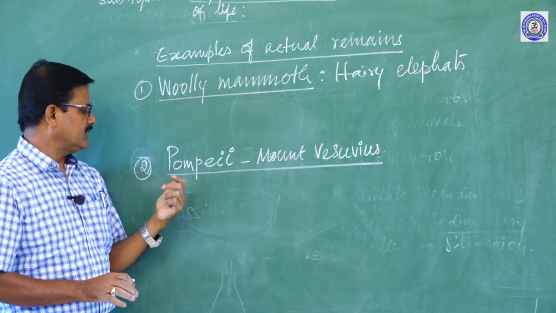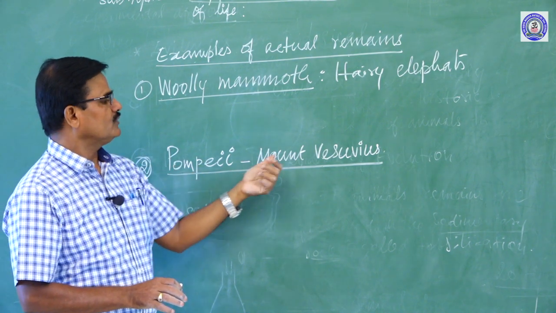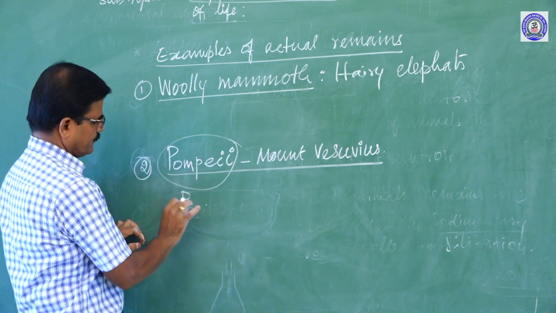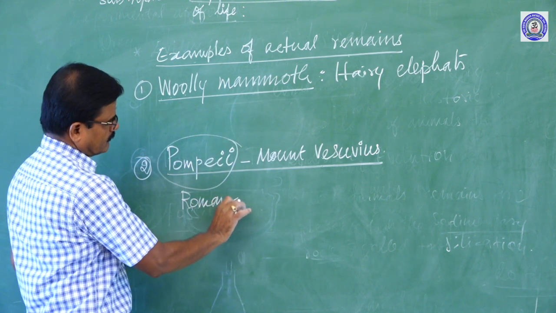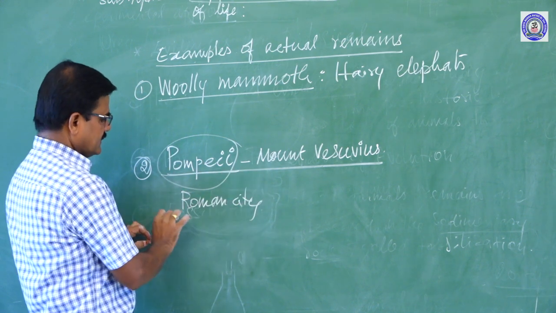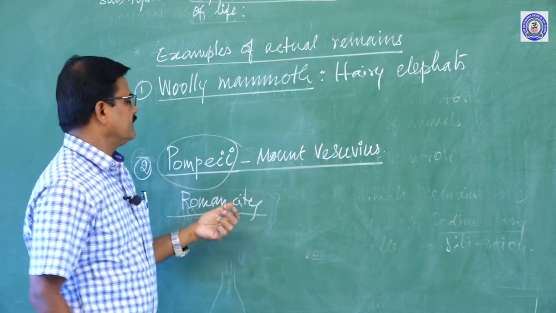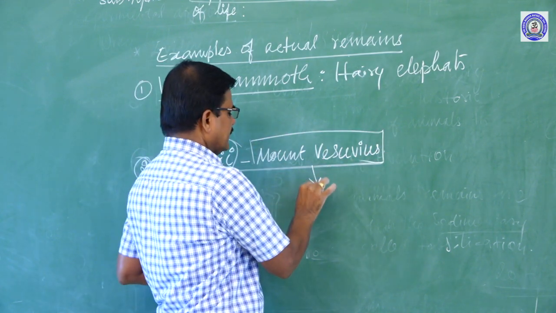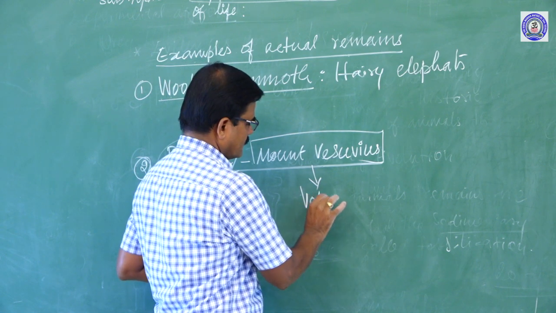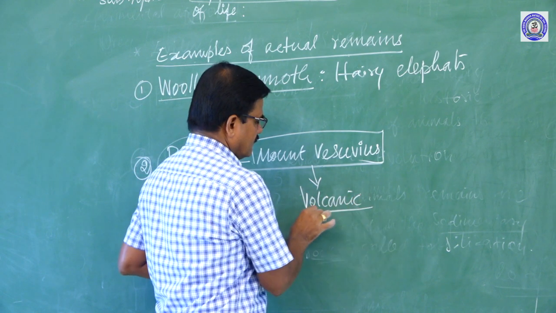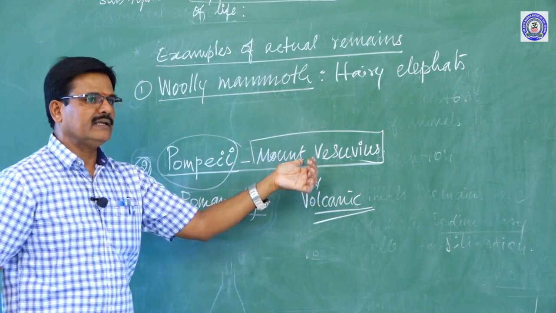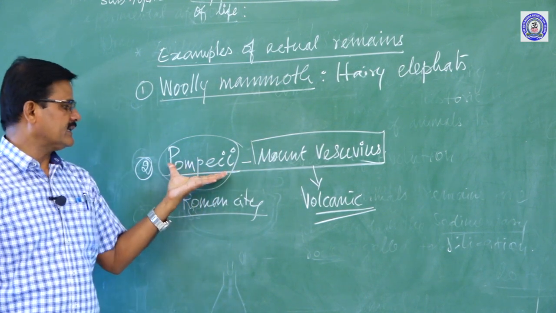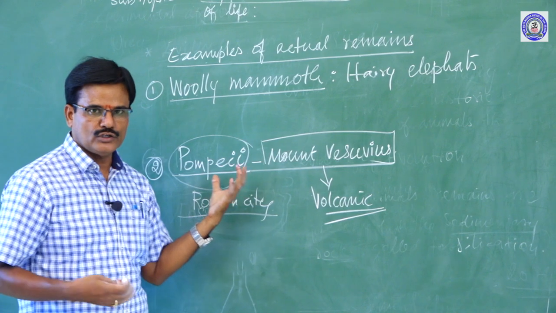Next, the second example is Pompeii, Mount Vesuvius. Pompeii is the ancient Roman city. Near Mount Vesuvius, a volcanic eruption occurred. That volcanic eruption washed away the ancient city of Pompeii. The city contained a large number of animals and human beings.